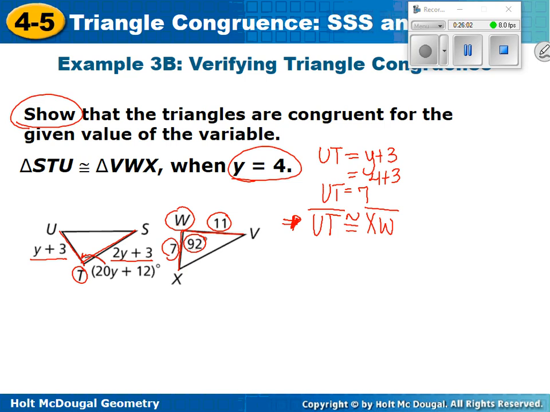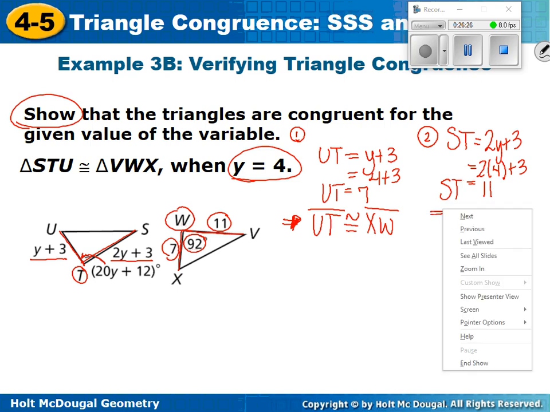So I'm going to do that first. Then I'm going to come over here and do it for another side. What side do we want to do next? ST. So ST is going to equal 2y plus 3. Plug in your 4. We get 2 times 4 plus 3. What do we get for ST? 11. So that's going to tell us which two sides are congruent.